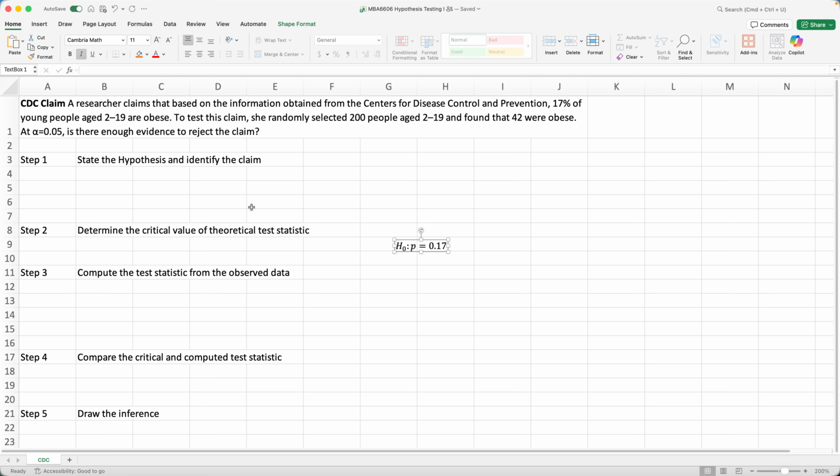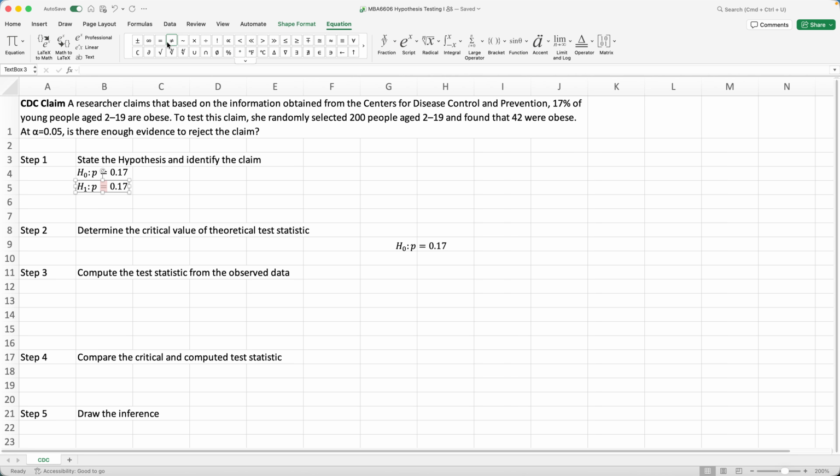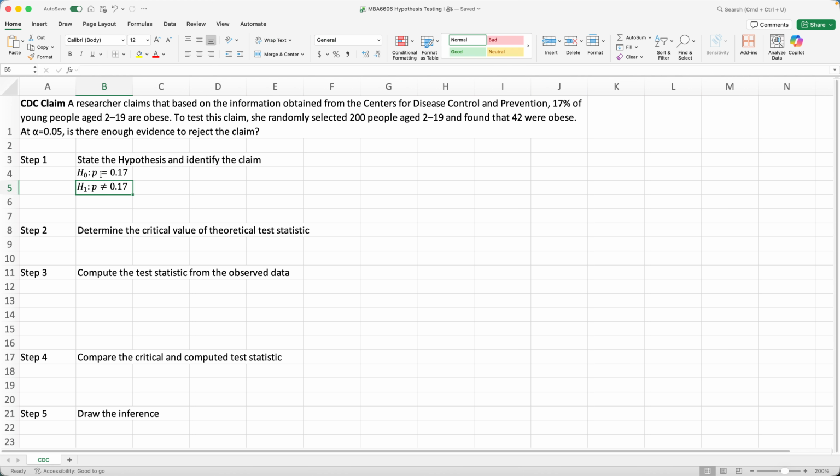Now that's the null hypothesis. And let's see what is the alternate hypothesis. It is P not equal to 0.17. And what is the claim? Researcher claims that 17% of people are obese.